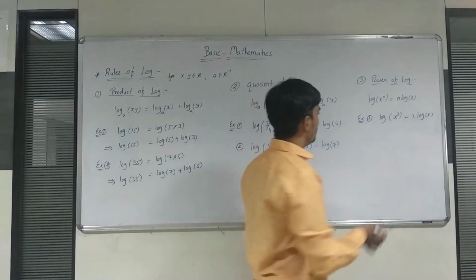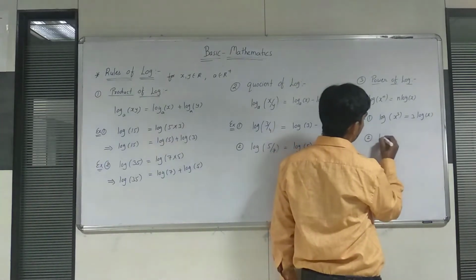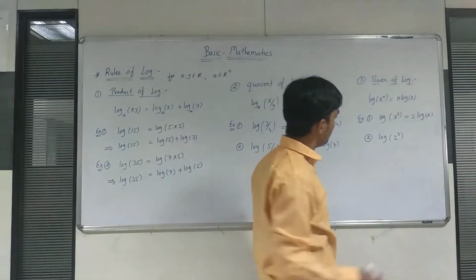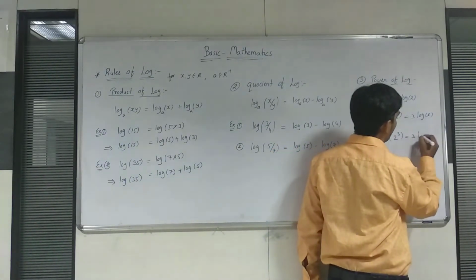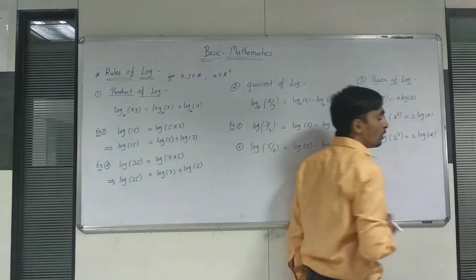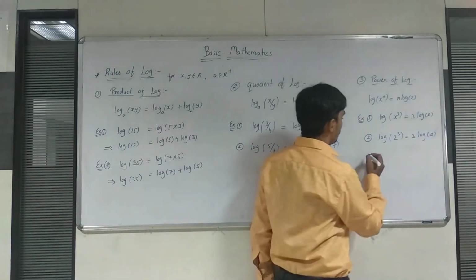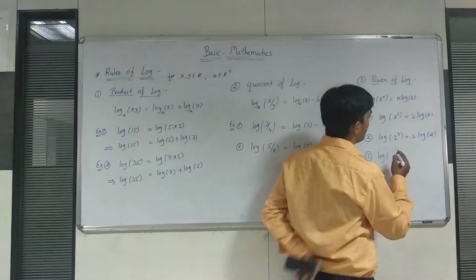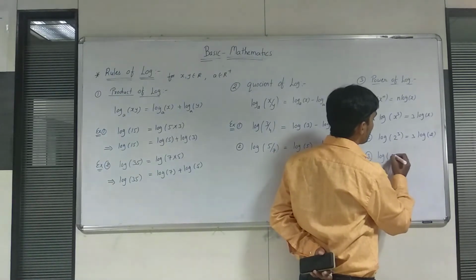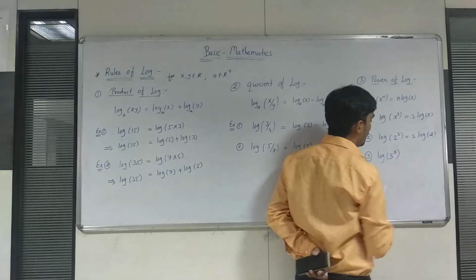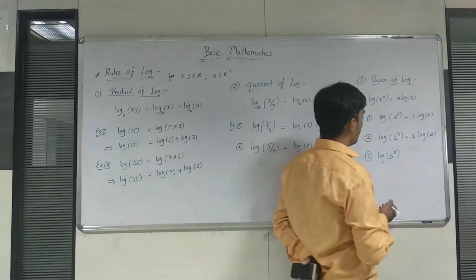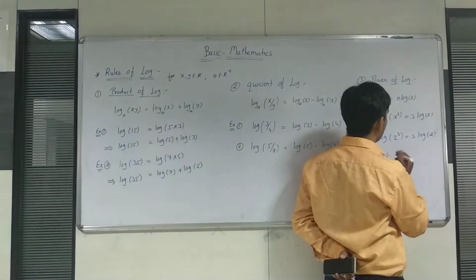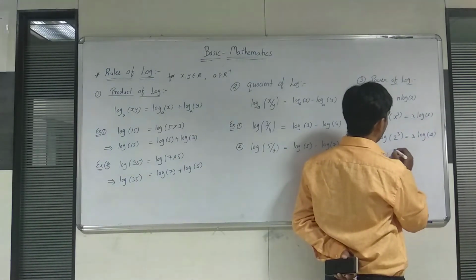One example, log of 2 raised to 3. What is it? 3 outside, log of 2. One more example, log of 5 raised to x, so the power is outside, or you can say log of 7 raised to 3.